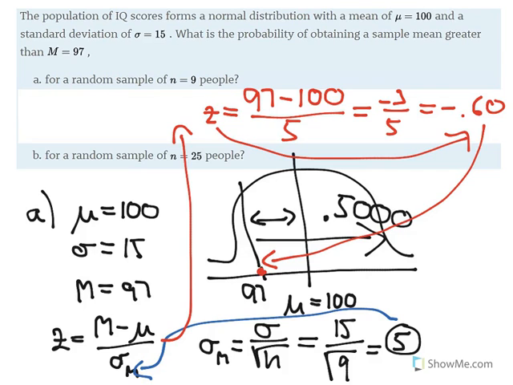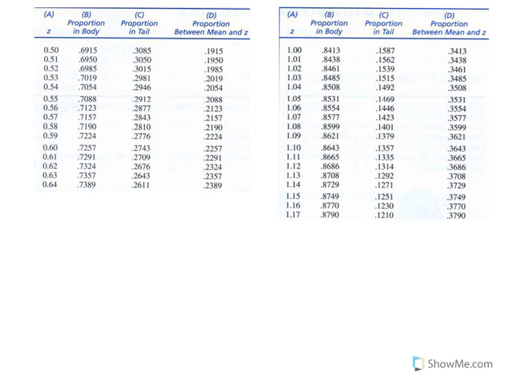So now let's see what is the proportion between this Z-score of negative 0.60 and the mean. For that, again, we need our table. And here we see we have the Z-score 0.60. So now it's which column do we use?